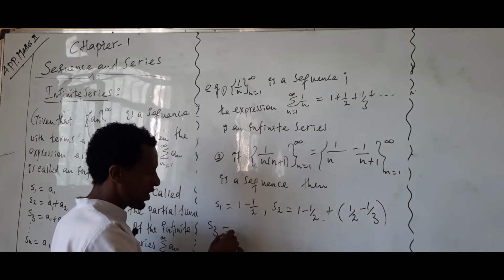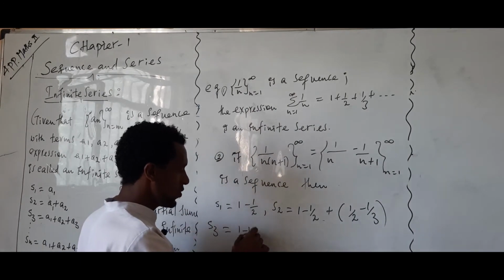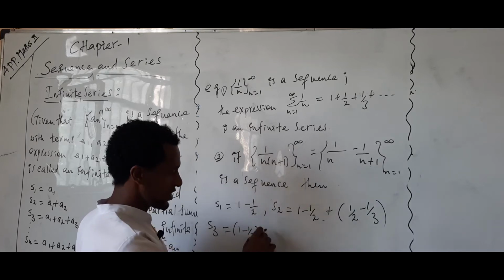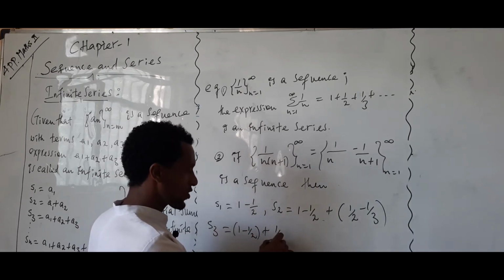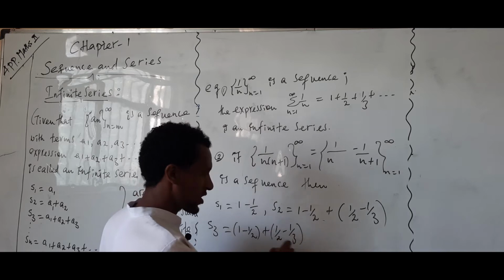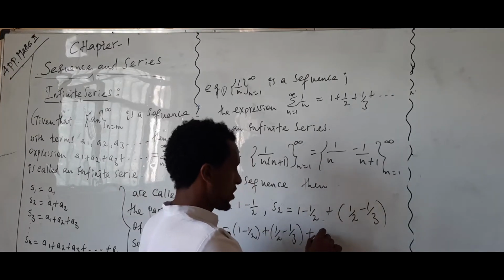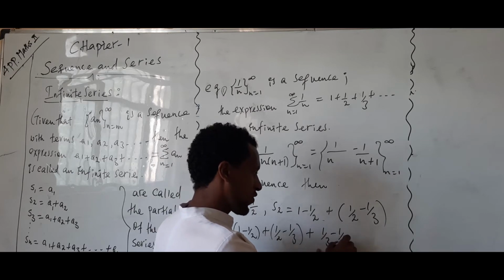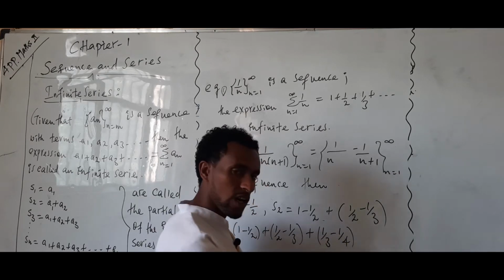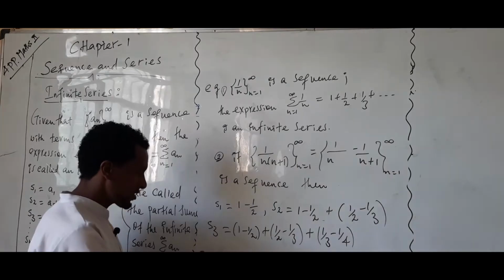S3 is equal to 1 minus 1 over 2, that is A1, plus 1 over 2 minus 1 over 3, that is A2, plus 1 over 3 minus 1 over 4, that is A3.